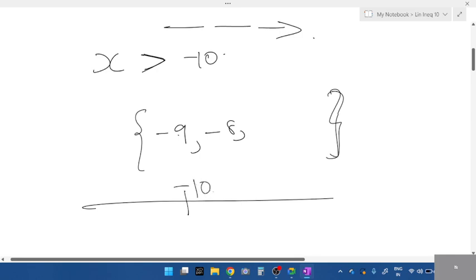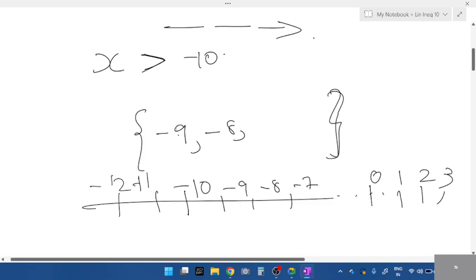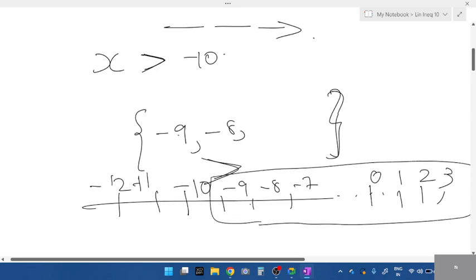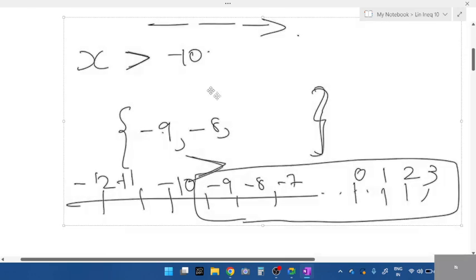If you have minus 10 here, then minus 9, minus 8, minus 7, it goes on, you get 0, 1, 2, 3. On the left hand side, you get minus 11, minus 12. So the arrow is facing towards the right hand side. You need to take numbers after minus 10. It is minus 9, minus 8, minus 7. Write it in this order: minus 9, minus 8, minus 7.